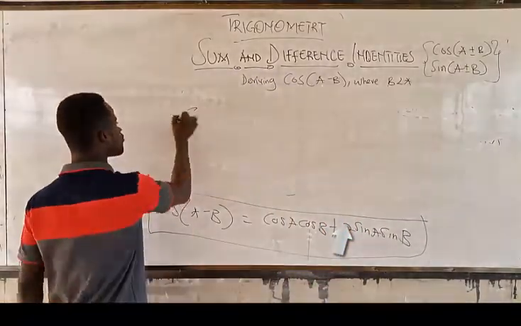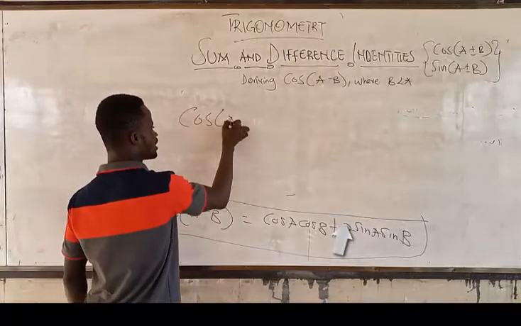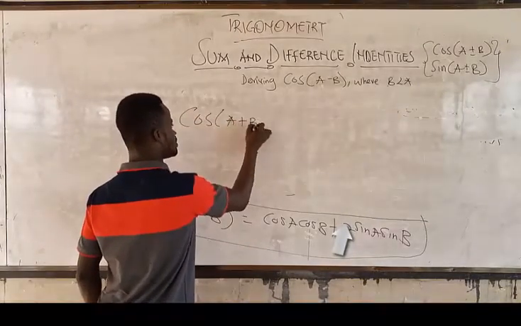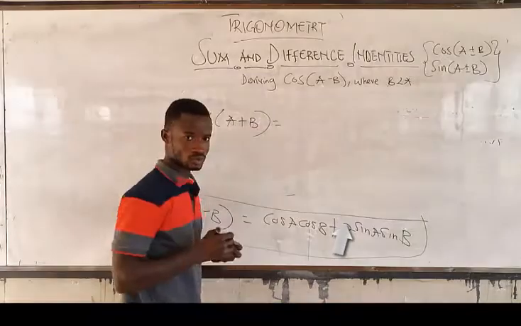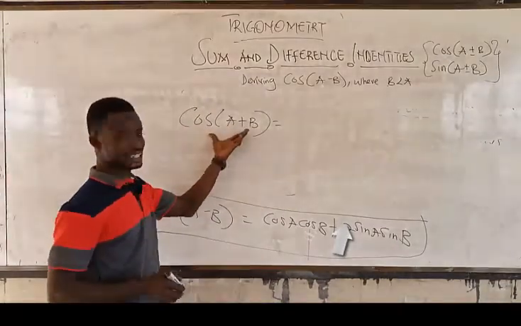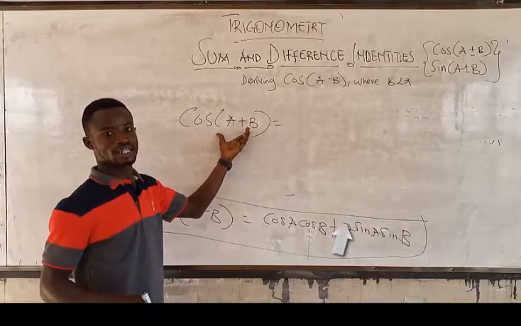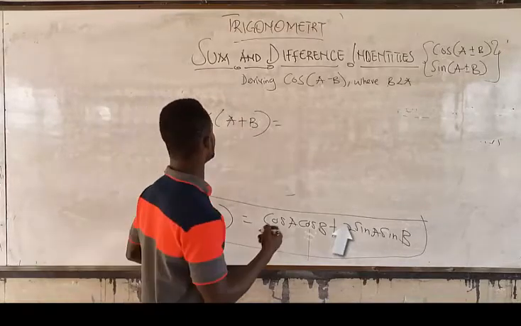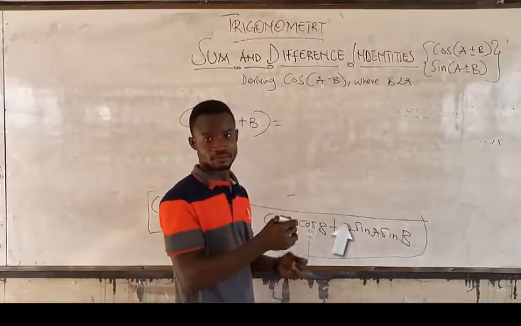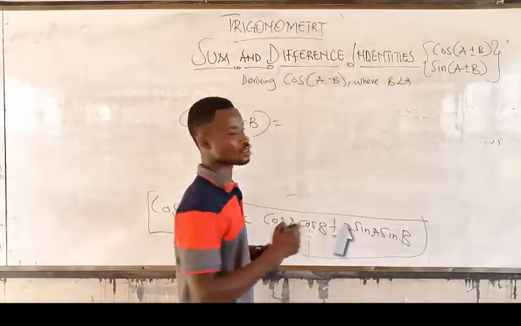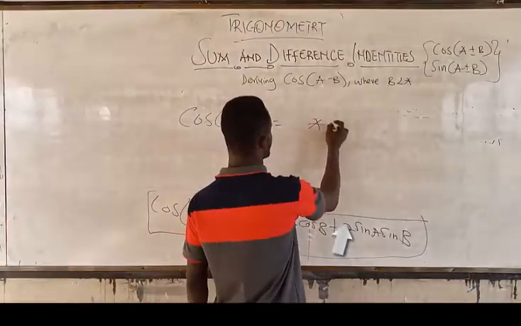Alright. So for you to get cos A plus B, you have to rewrite this in the form. Know that this one that we have here is the same as A plus.